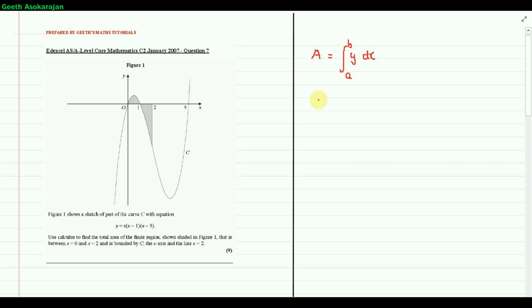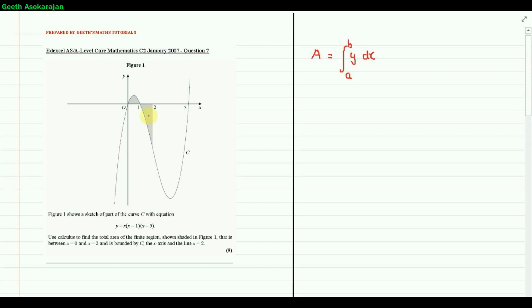One other important point is that any area above the x-axis will be positive when it comes to working it out using integration, and any region beneath the x-axis will be negative. Now, area cannot be negative, so we're going to discount any negative sign when working out the area of this region here.